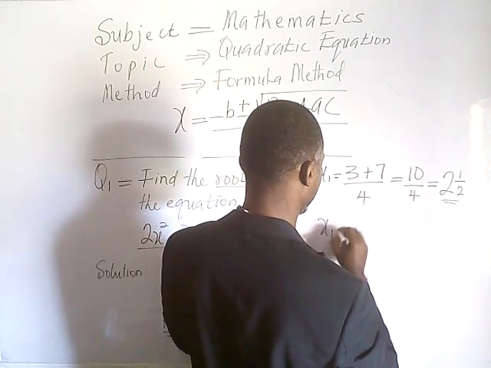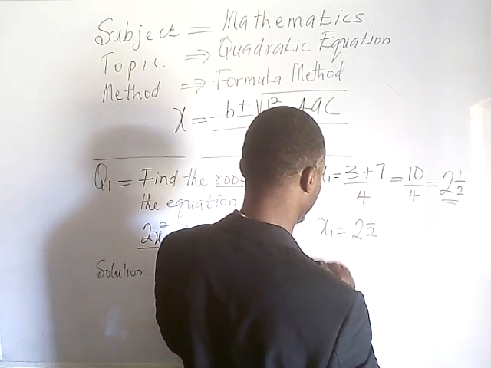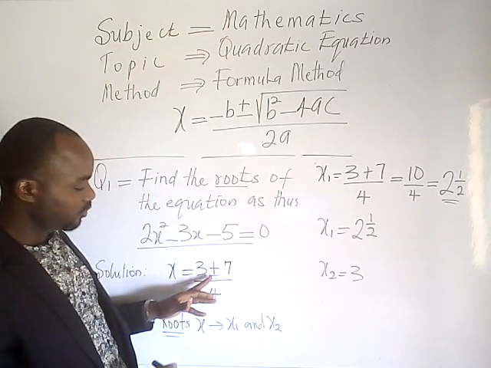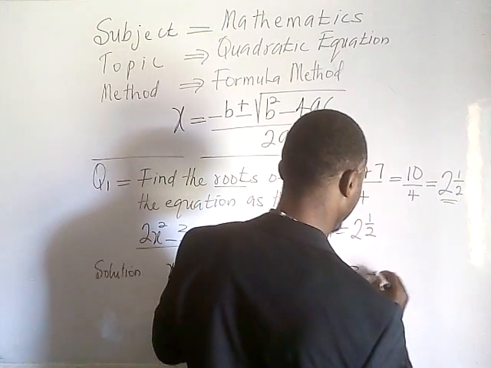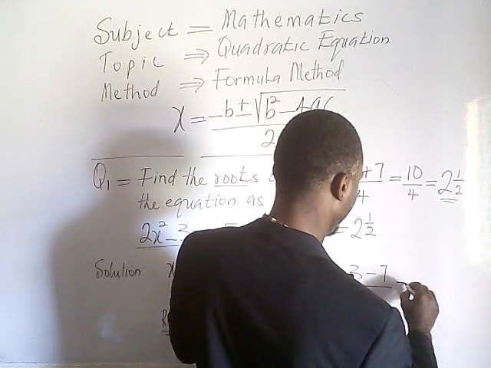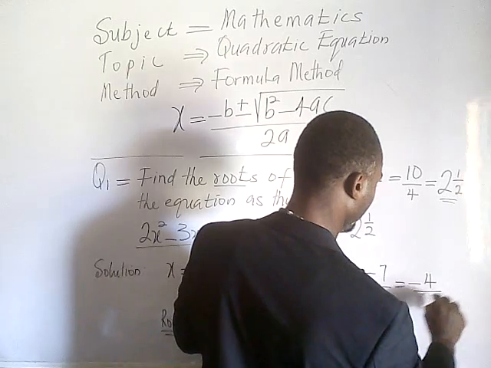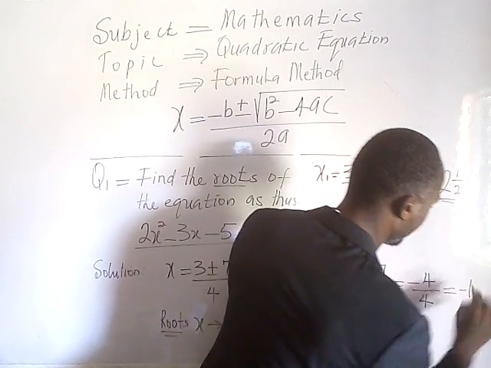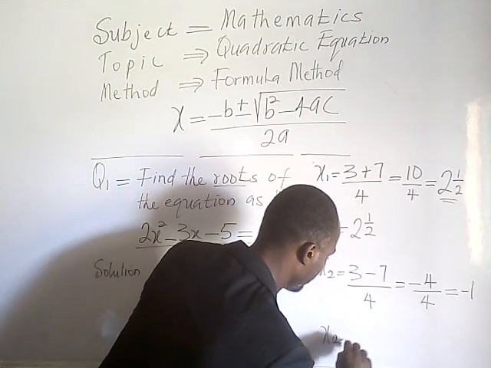So x1 is simply 2 and 1 over 2. For x2, 3 once again, this time around we use minus, minus 7 all over 4. What we have here is minus 4 all over 4, which is minus 1. Finally, x2 is equal to minus 1.